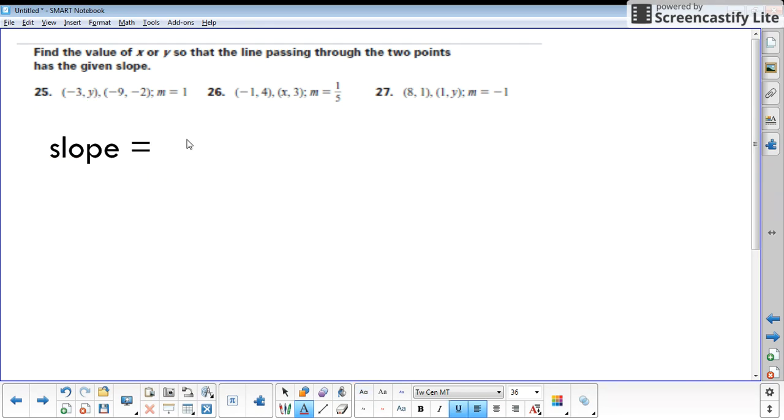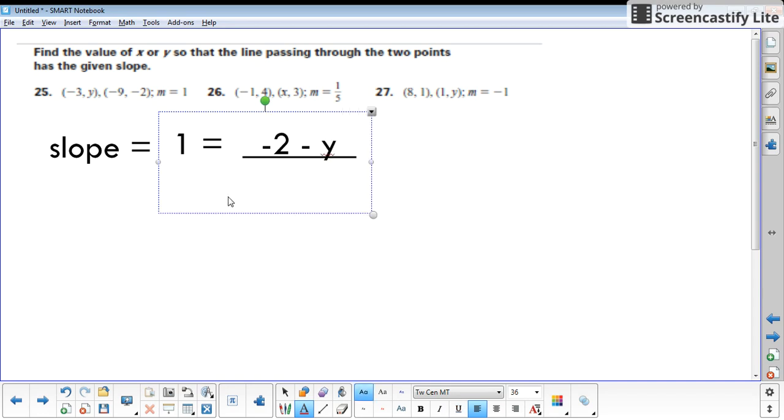When you set this up, you've got -2 minus some number y, which we don't know, over the bottom, where we start with -9 minus -3.